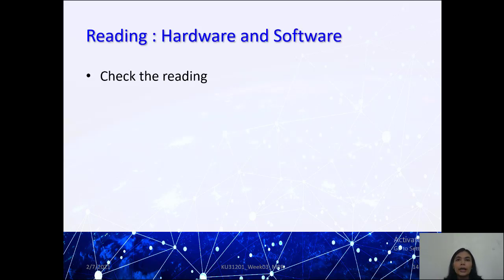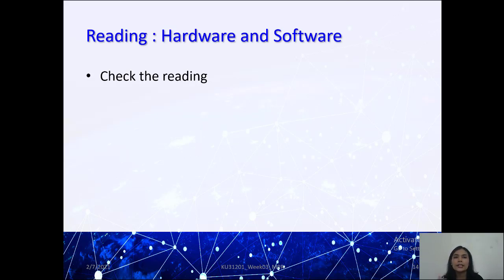So now we will talk about our exercise, which is about transferring the information from a text to a diagram. Okay, so I want you to go to the reading that I have provided in our campus information system about hardware and software. So after you have read the text, I also want you to do an individual comprehension check by listing down some information that you think is necessary to be put in a diagram.